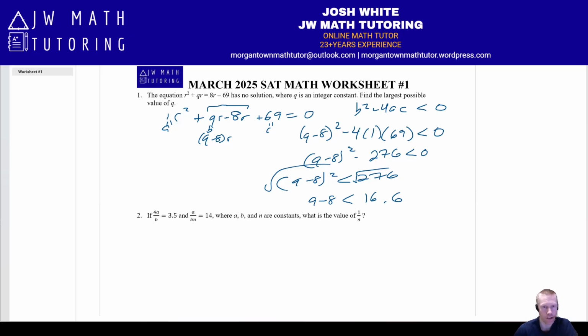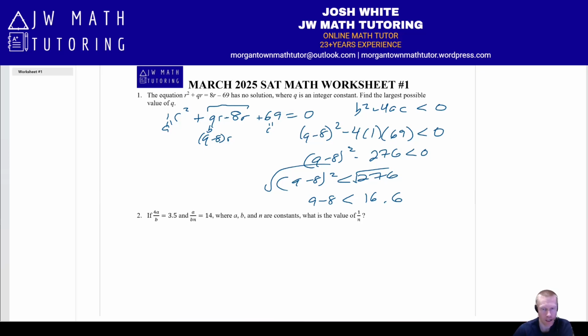And really what's going to happen, if you think about this on a number line, is you need these values, like the q minus 8, when you square it, it's obviously going to be positive, and you need it to be less than 276.